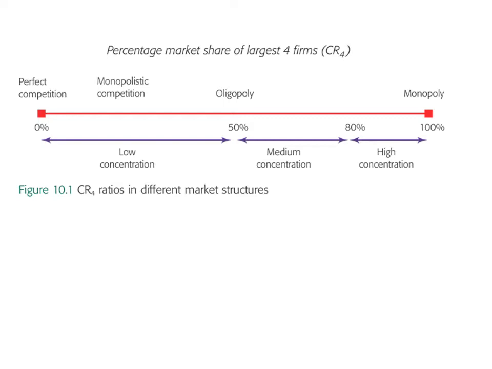And we refer to it as the CR4 ratio. So what it means is that the top, the largest 4 firms, how much of the market do they control? In an oligopoly, it could be 50%. Moving towards a monopoly, they may control 80%. And in a pure monopoly, where only one firm controls the market, it's 100%.